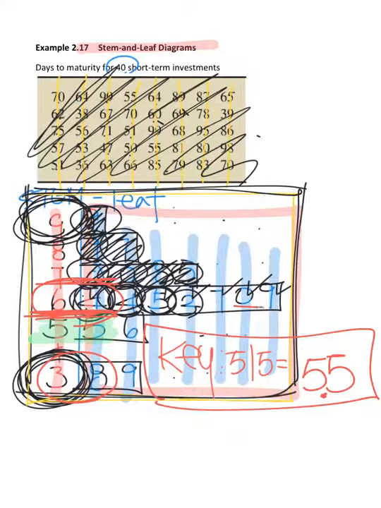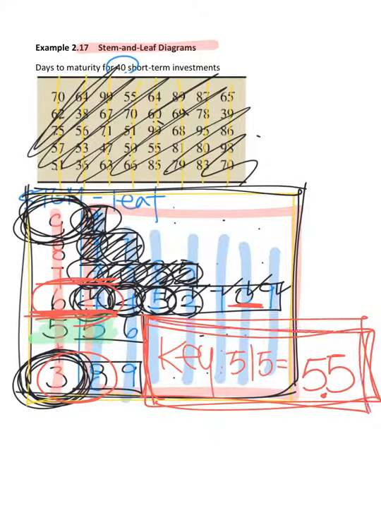Let me take this one, 6 and 0, it will be 6.0. So the key for the stem and leaf is very important. Without the key, it's the same as a histogram. We just count how many there, how many here. We don't know who they are. So don't forget to put the key or example. It is very important. So we can complete the stem and leaf.